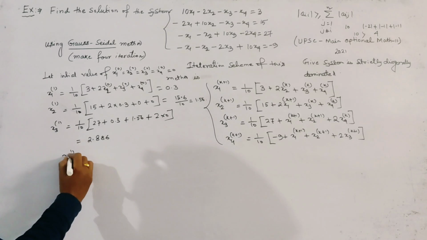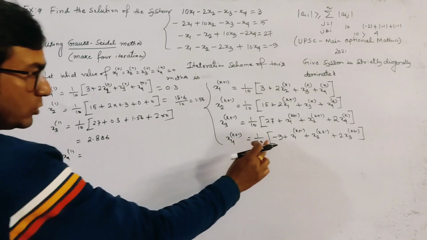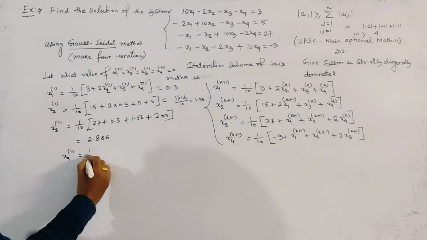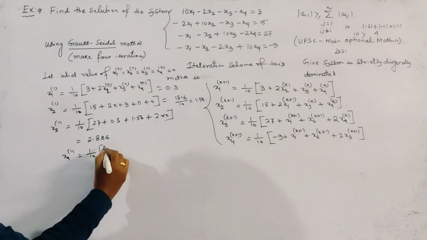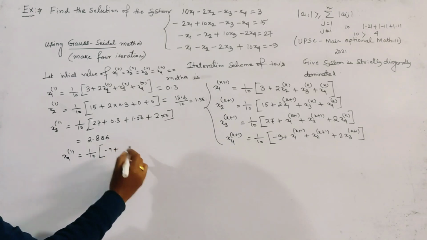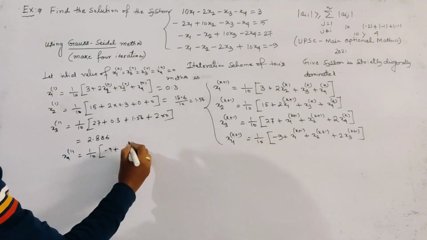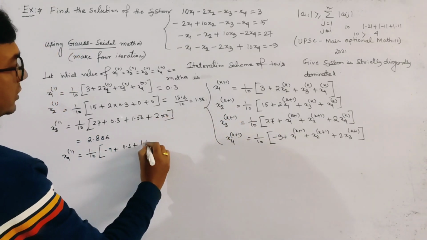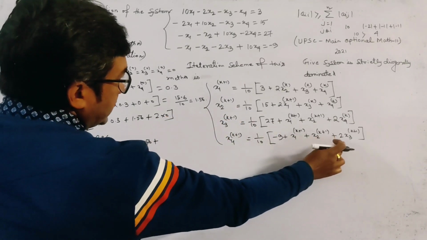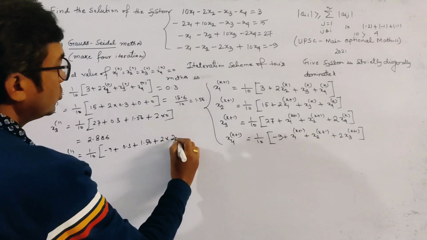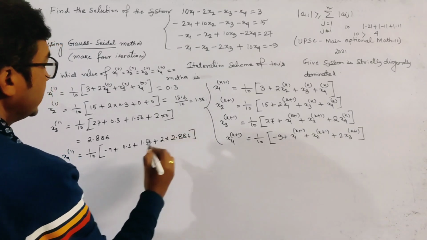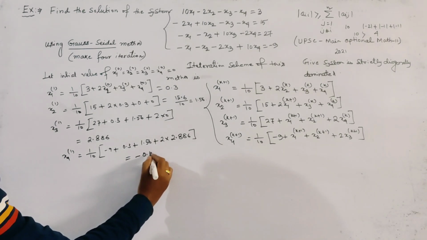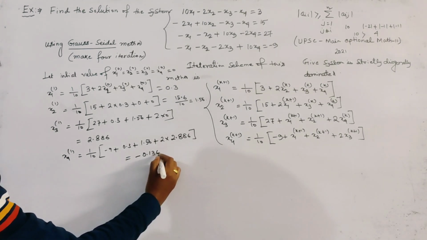Now x4 1, we put here all the first approximation of x1, x2 and x3. Okay, and this gives 1 by 10 into minus 9 plus the first approximation of x1, this is given by 0.3, and this is given by 1.56, and the last is given by 2 into 2.886, and calculating we get the result as minus 0.1368.